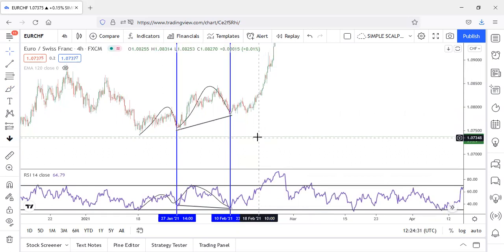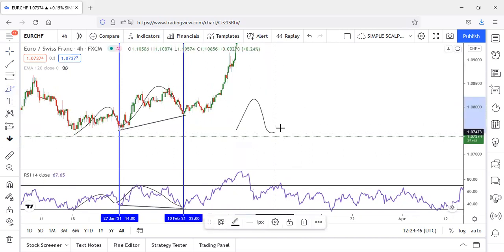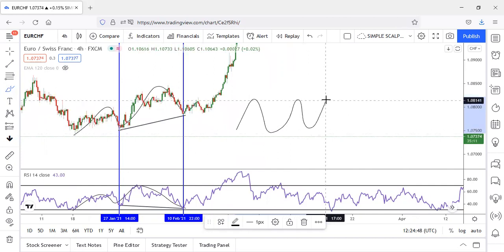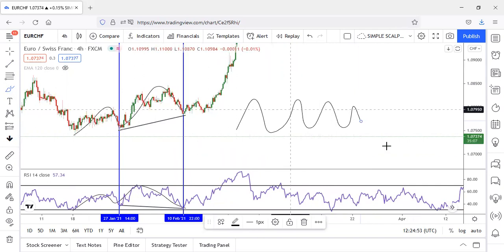So like I explained earlier on, guys, around this level where you're expecting price to move, you want to go to a lower time frame like 15 minutes to see if price is stalling, going up and down. This is a sign that price is ready to reverse, and it tells you and I that the regular divergence is ready to take place and price is ready to reverse at that point.